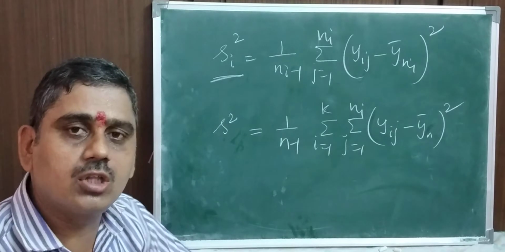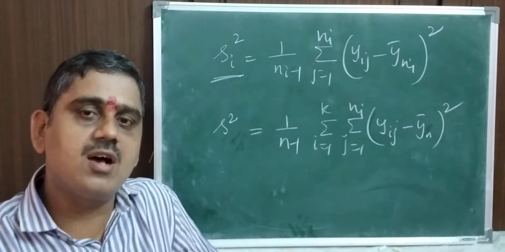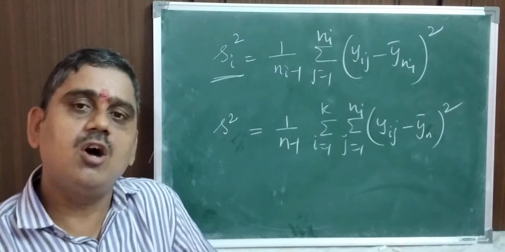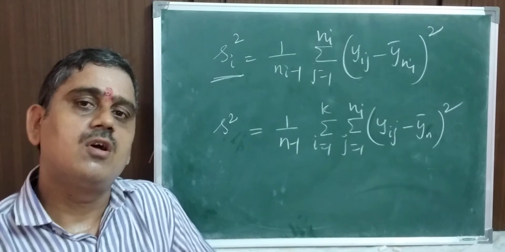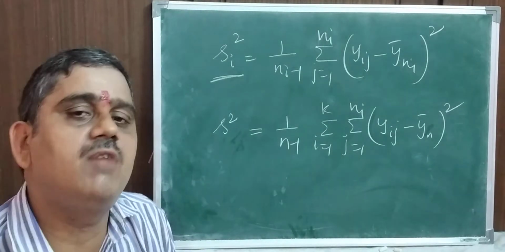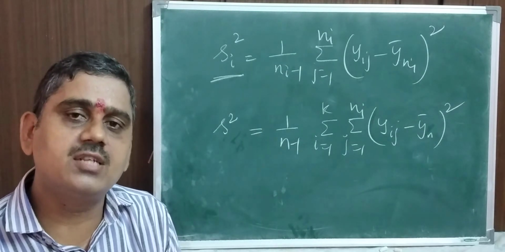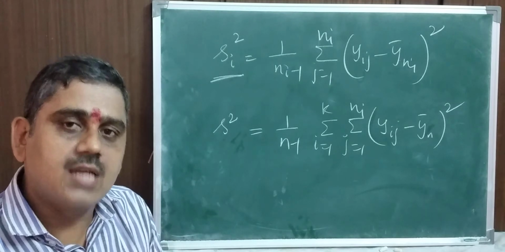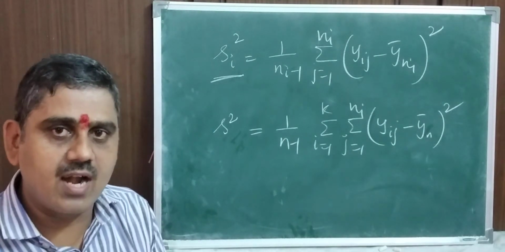So these are the notations and formulas, the terminology of stratified random sampling for the sample values. This part 2 consists of the notations and terminology of sample values regarding stratified random sampling.